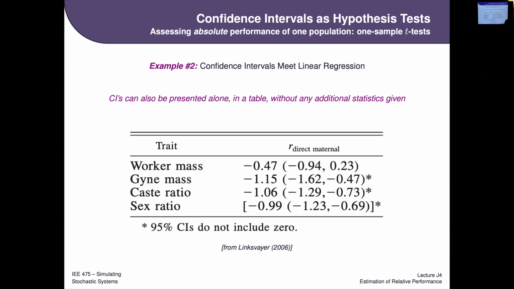Sometimes they formally say that P is less than 0.05. But a lot of other times when data are summarized, they just say the confidence interval does not include 0. And you have to know what that means. Well, that means that 0 has been rejected. P is less than 0.05 for the hypothesis of 0. So just listing confidence intervals is a way you can communicate that.